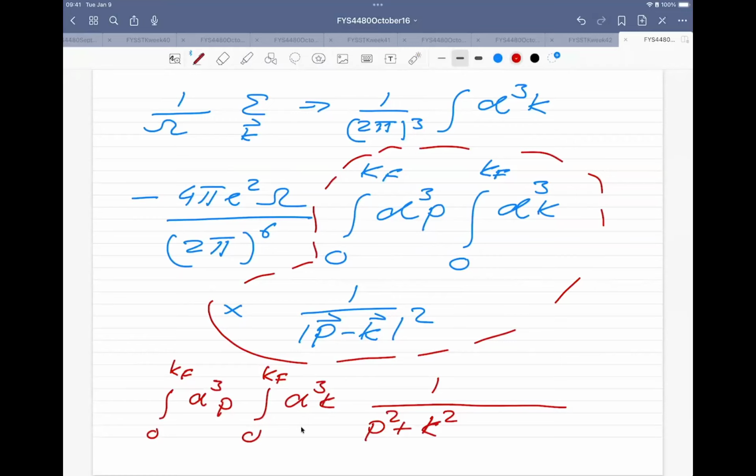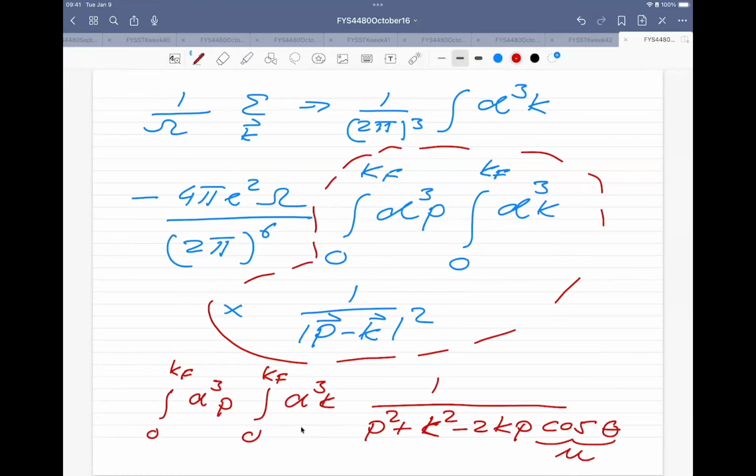So when you don't see a vector, that means that this is just the absolute value, k times p times a cosine theta here. Then I'm going to change this one into a variable, not mu, but u. Sorry, the letter u.